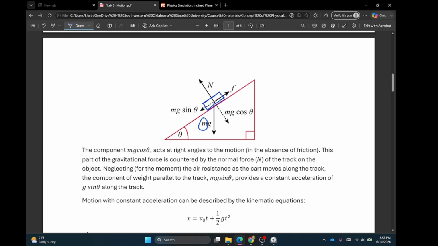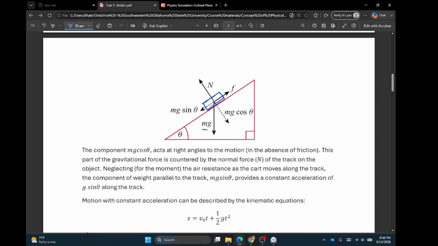Because of the gravity from Earth, this object experiences a force because of the acceleration due to gravity, and that is called the weight, and it's given by mass times acceleration due to gravity. And this force always acts perpendicular toward the Earth's surface. So this force is mg.